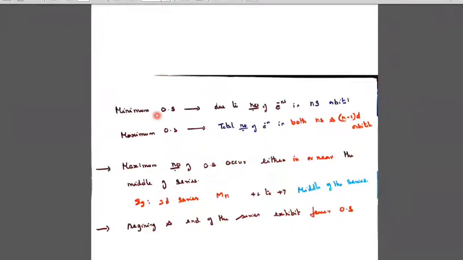Let us see the minimum oxidation state and maximum oxidation state. Minimum oxidation state is due to the number of electrons in the ns orbital. Maximum oxidation state is due to the number of electrons in both the ns orbital, the ultimate shell, as well as the penultimate shell.